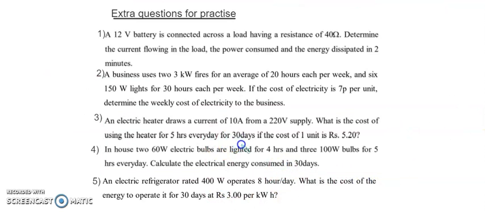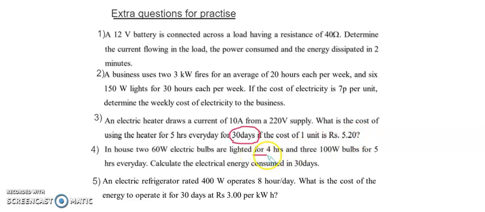Now a small twist in one of the questions which I have taken as an extra problem. Can you see in this third question, it's saying for 30 days, right? So what do you need to do? You need to find the power multiplied by time, with time given. It is for 1 day, the amount of heat used. Then multiplied by 30. So the amount of heat released or used for 30 days, and then multiplied by costing. Am I clear?